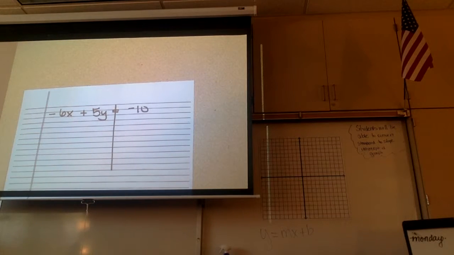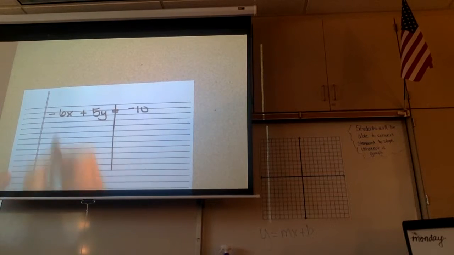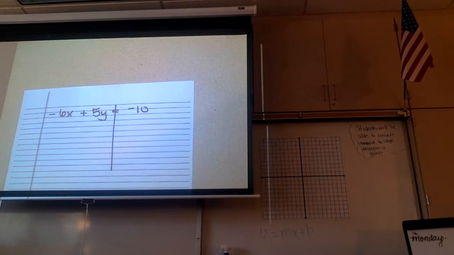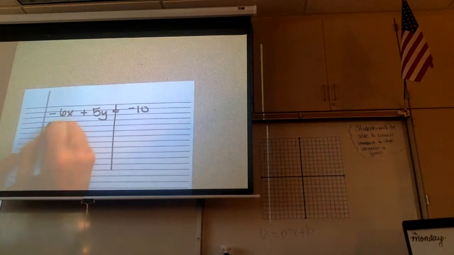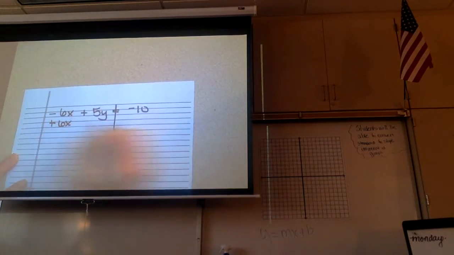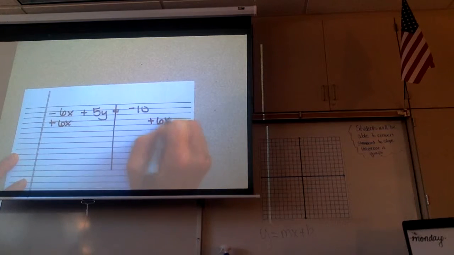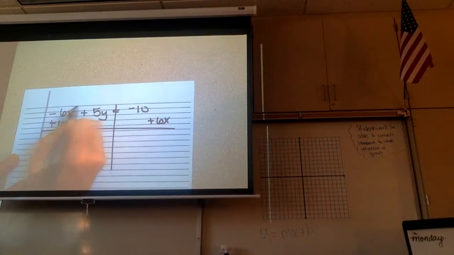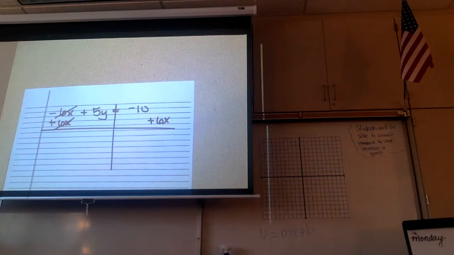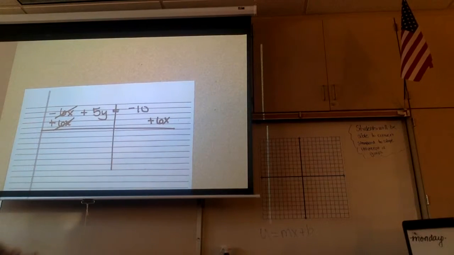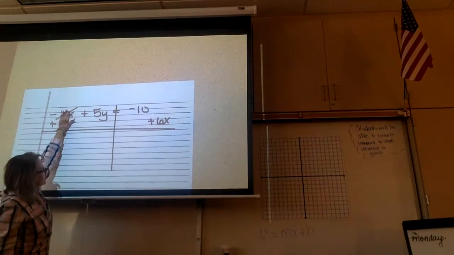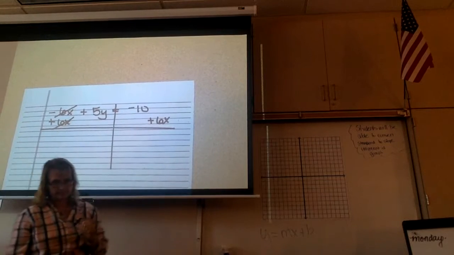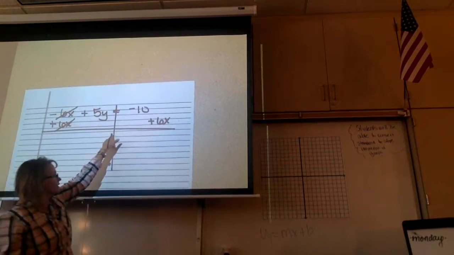What is my step 2? Move the x term with plus or minus. Here's my x term. It says minus 6x, so I'm going to move it with a plus 6x. And I'm going to put it over here, too. These cross out. That's right, Jonathan. All right. So, now this is gone. What am I left with over here? 5y equals.